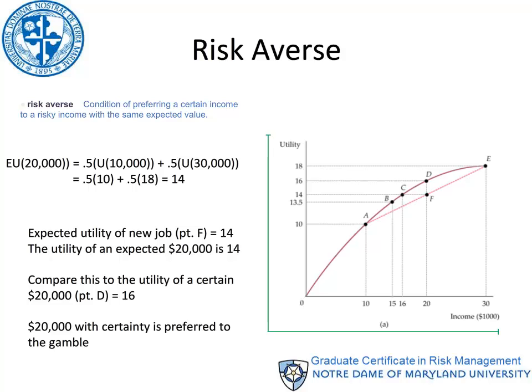Thus, a certain income of $20,000 provides a higher utility than a risky income with an expected value of $20,000.